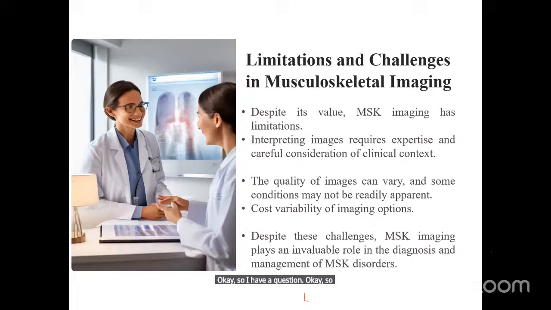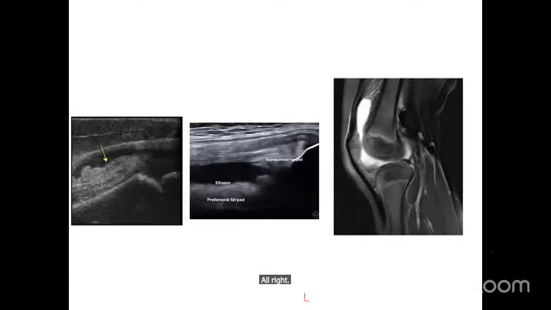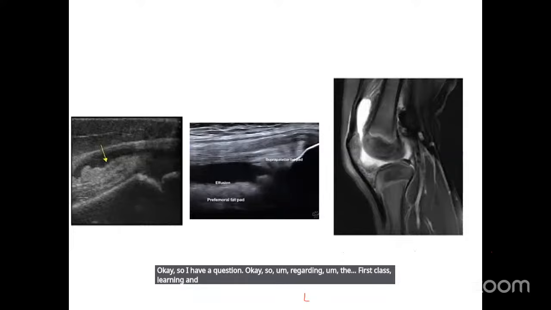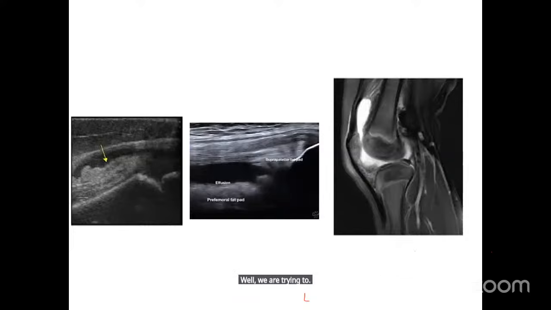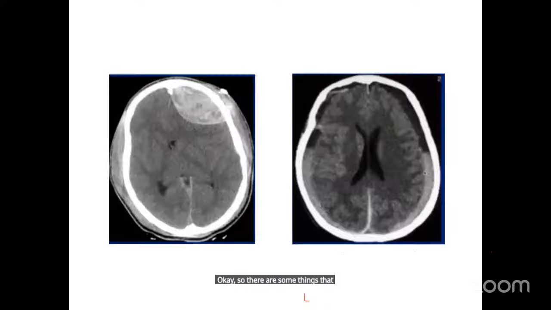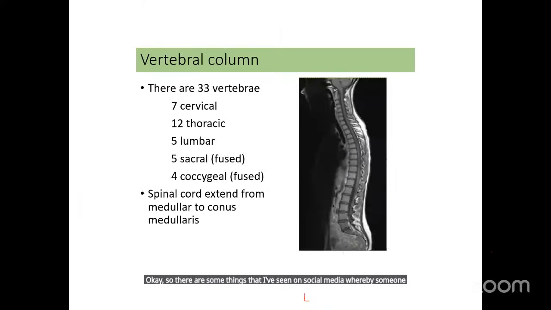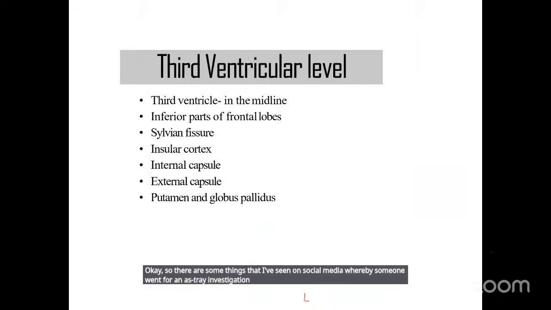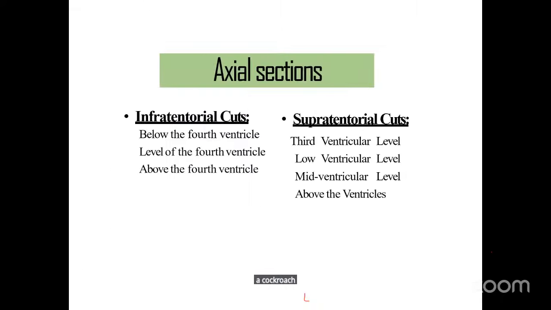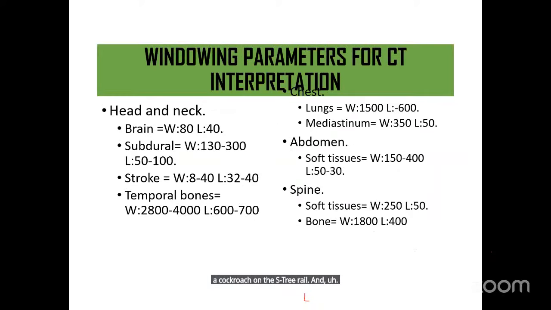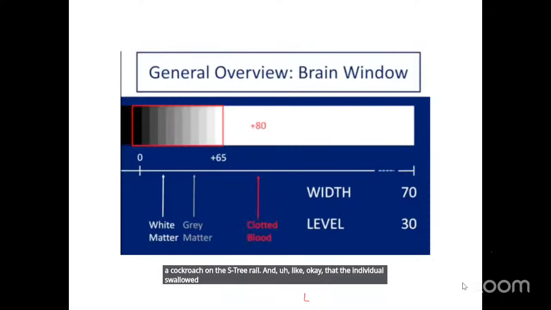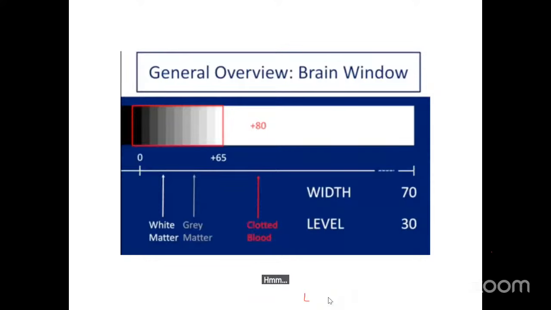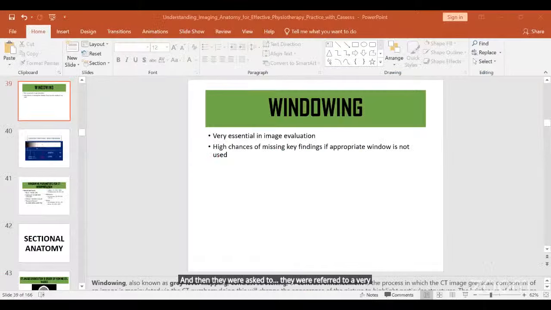Okay, regarding the first class, not really this last slide, when we are trying to check the density, if it's metal, if it's air, soft tissues and the rest. There are some things I've seen on social media whereby someone went for an X-ray investigation and then they saw a cockroach on the X-ray, and they concluded the individual swallowed a cockroach, and then they were referred to a much bigger hospital.